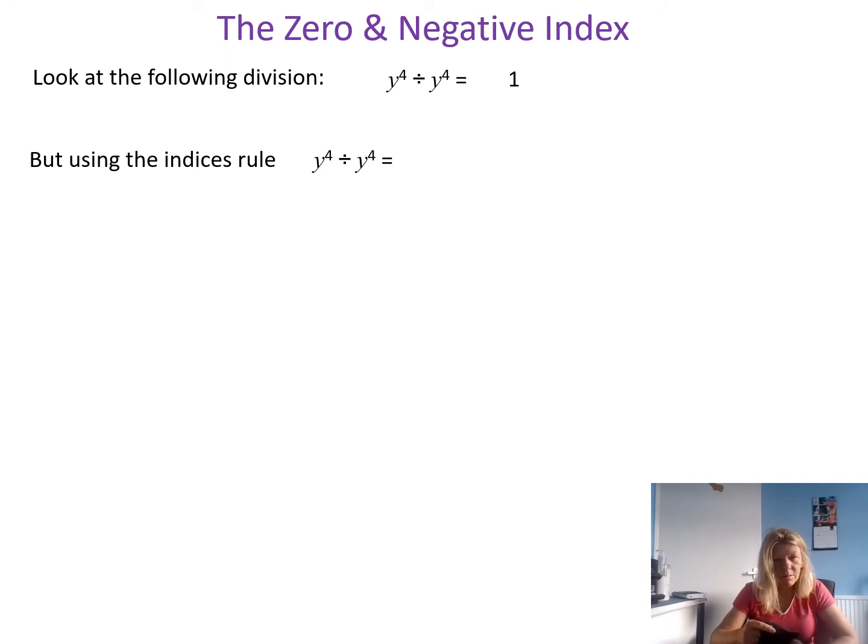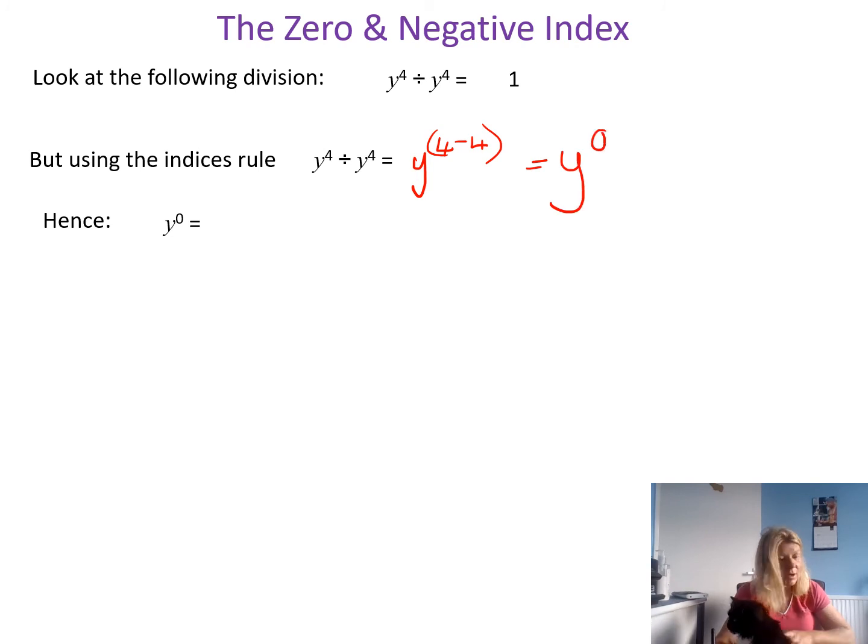Well, we'd subtract the powers, wouldn't we? 4 take 4. So here, using the indices rule, we get 4 take 4. And that is in fact y to the 0, isn't it? So hence from that, y to the 0 must be in fact 1. So anything to the power 0 is 1.